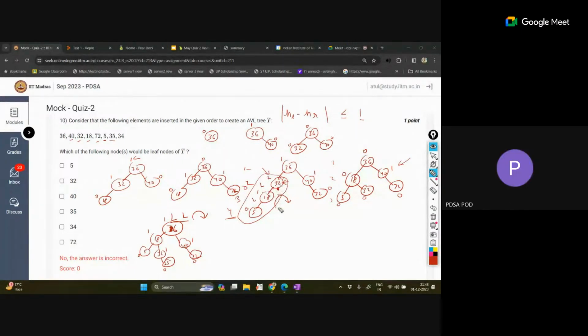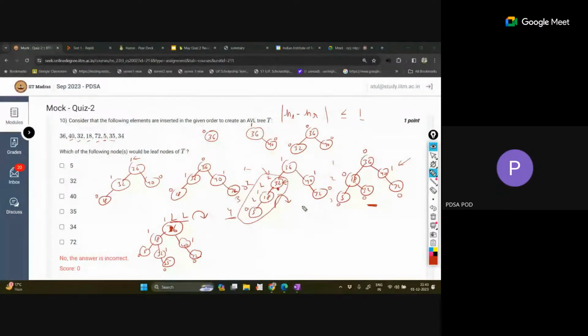So 36, there is a tree coming from 32, 18 and 5, no? You're talking about this tree from the root? Yes. But after the rotation, the tree is not existing in the previous graph, no?